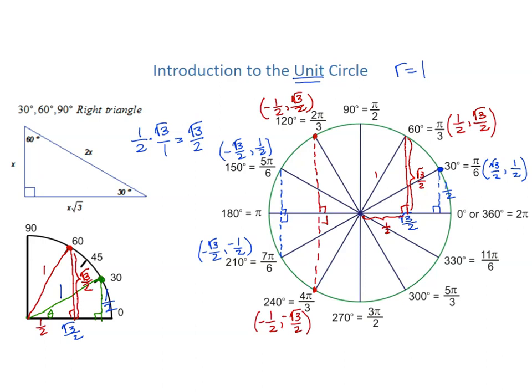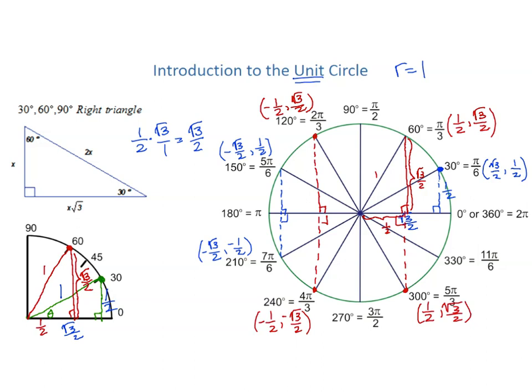And let's keep going. We've got 2 more to do. We're going to look at this point next. So to get to that point, 300 degrees, I would have to go short leg to the right, long leg down, which is going to be short leg to the right would be a half, long leg down would be root 3 over 2.